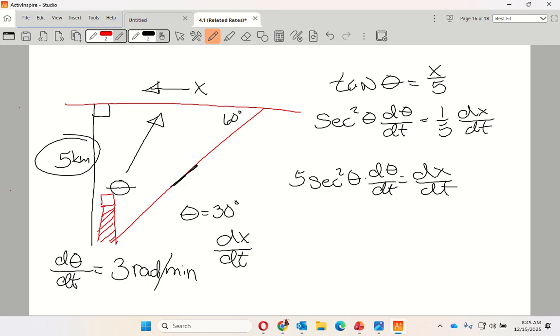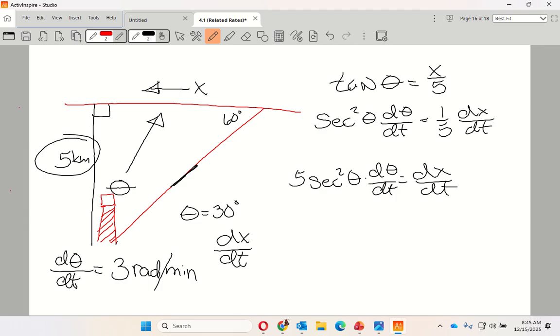No. My work is correct, but there's a problem, something on the board that we haven't addressed yet. The squared? Nope. What about the angle? We haven't put it in the equation. Nope. It's in degrees instead of radians.